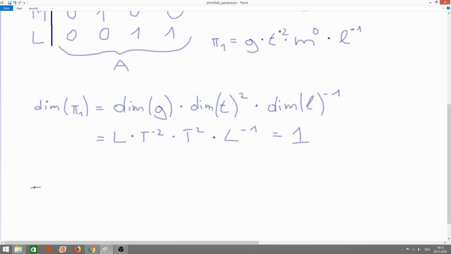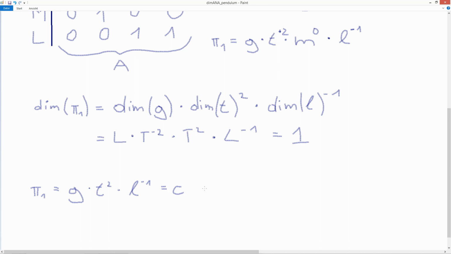So the Pi-Theorem leads us to pi1 is equal to g times t squared times L to the power of -1, and this is equal to c. This last part is the Pi-Theorem. And now we can finally solve for t.